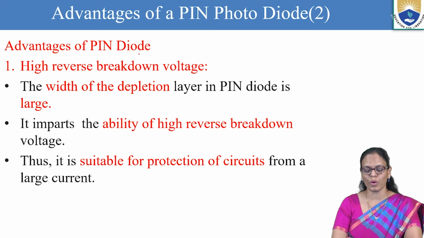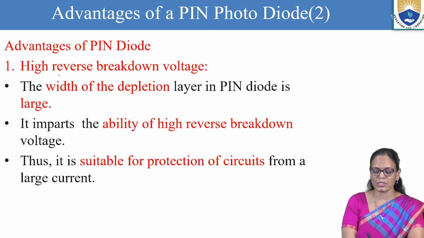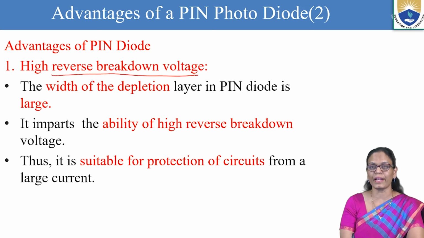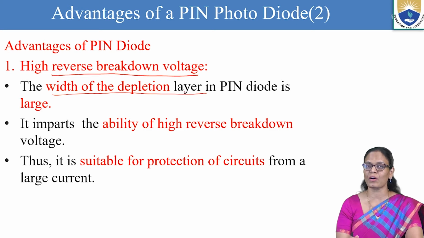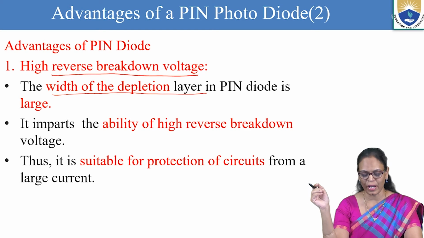Now coming to the advantages. What are the advantages of the PIN diode? It has a high reverse breakdown voltage. The reverse breakdown voltage is very high. I told you the reason: the width of the depletion layer. It is because of the large intrinsic layer we have taken.